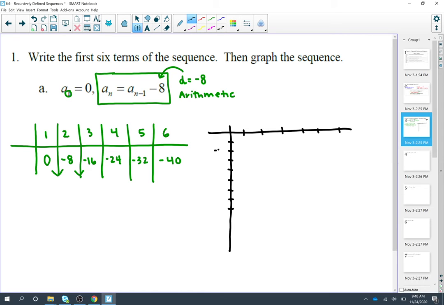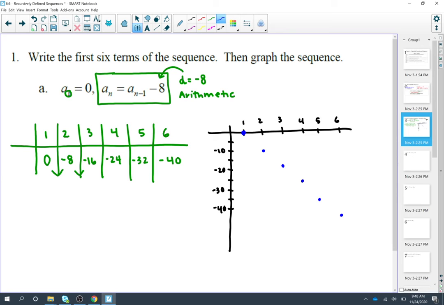So our first point is 1, 0. Then we have 2, -8. 3, negative 16, 4, negative 24, 5, negative 32, and 6, negative 40. Okay, try your best.